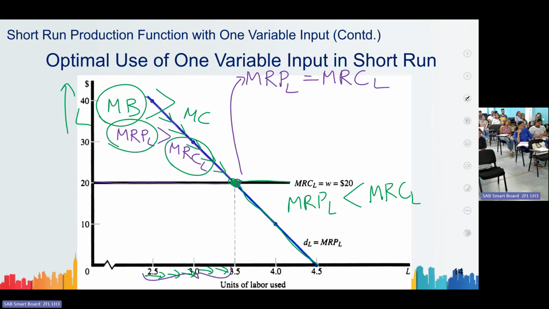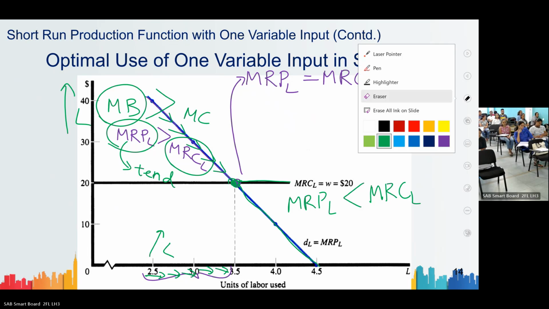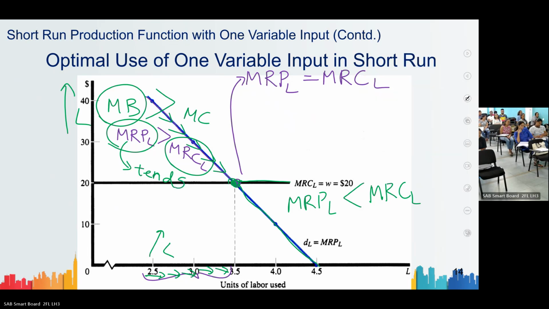When the firm increases its labor input, marginal revenue product of labor tends to decline.